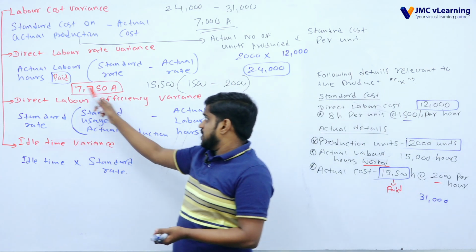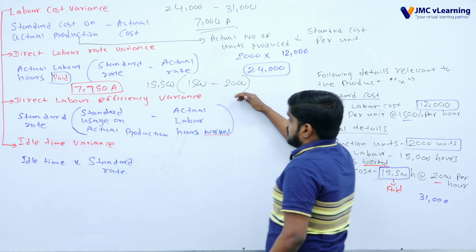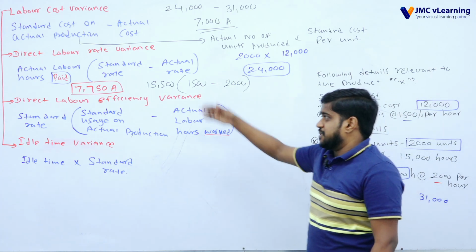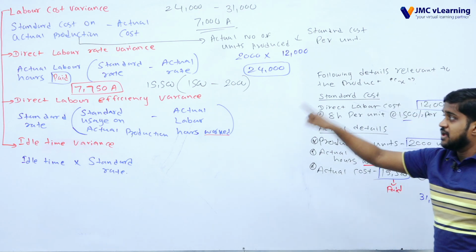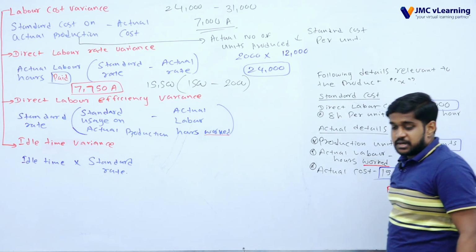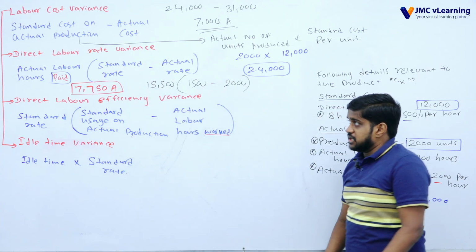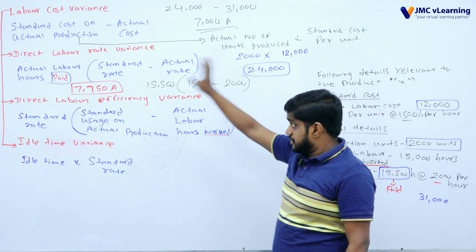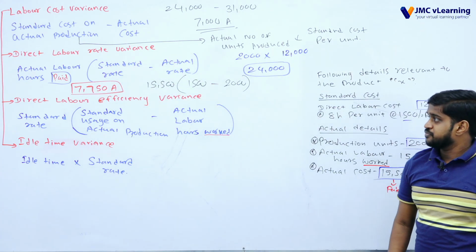Since we get a negative amount, we can simply say this is an adverse variance: 7,750 adverse. So, direct labor rate variance is the actual labor hours paid multiplied by the difference between the standard rate per hour and the actual rate per hour.